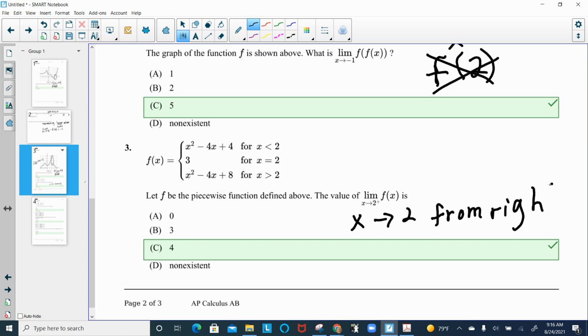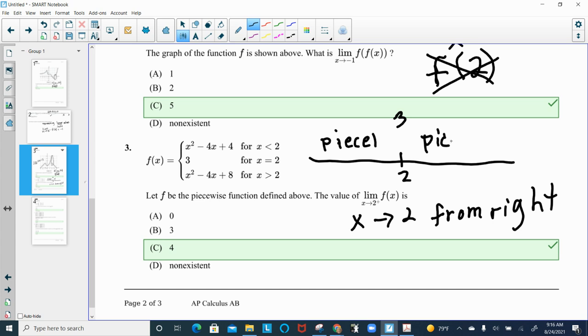Okay, so think about what this piecewise would look like. You'd have something to the left of 2, you'd have something at 2, and you'd have something to the right of 2, right? If you look at that number line, just the x-axis, you would have piece 1, you would have 3, and you would have piece 3.